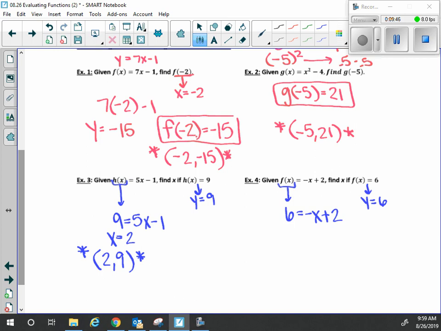What are we thinking? Sam? Negative 4. I agree. Negative 4. So what is my ordered pair? Good. Okay, so now flip over to the back.